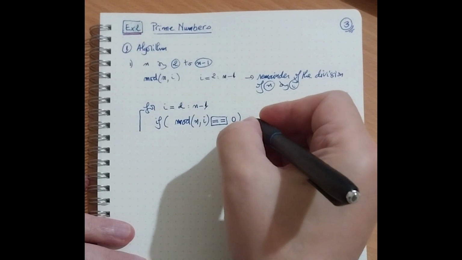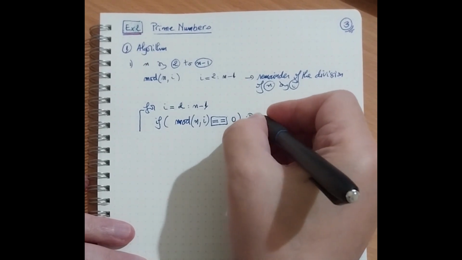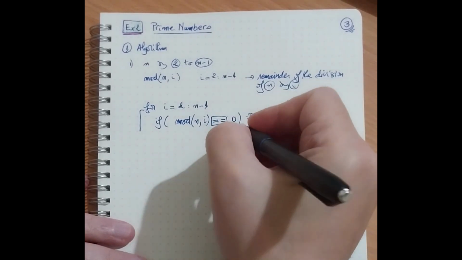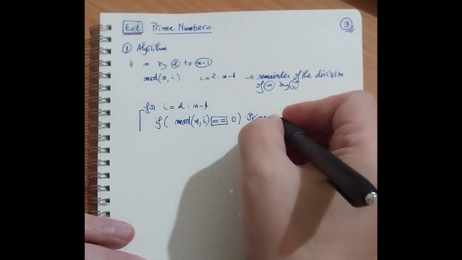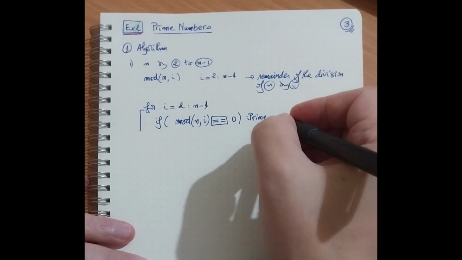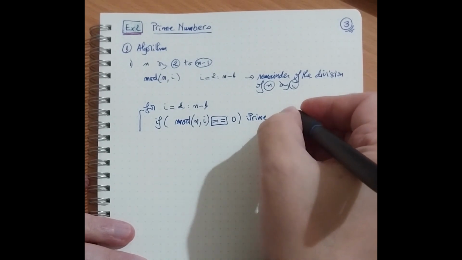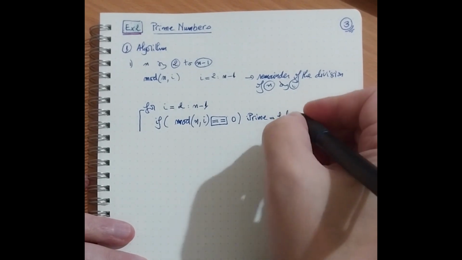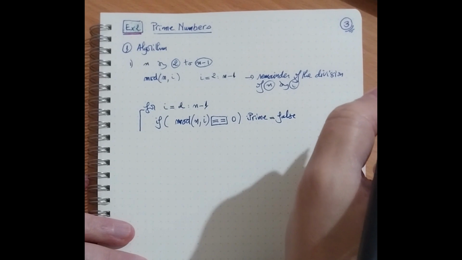Then we use a variable, I call it isprime. It is a Boolean variable, it takes true or false. So if the remainder is 0, it is false. n cannot be a prime number. So it is false, and we break the loop. Not just break the loop, we finish the function. We have finished the task.